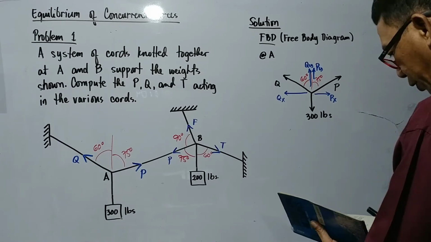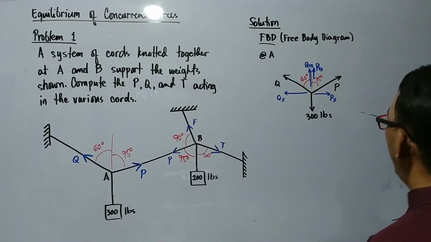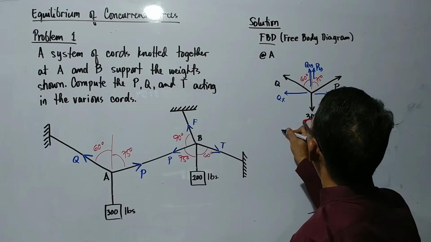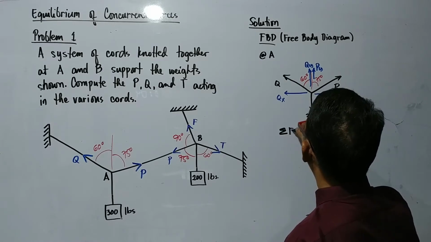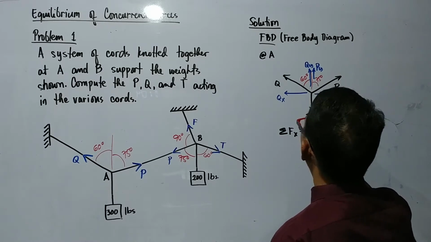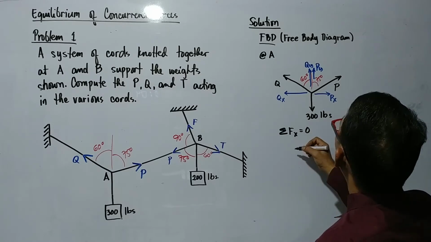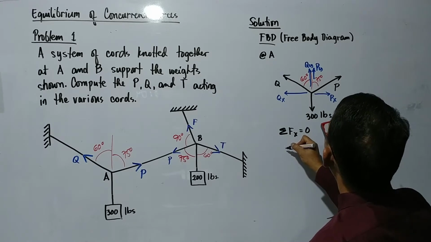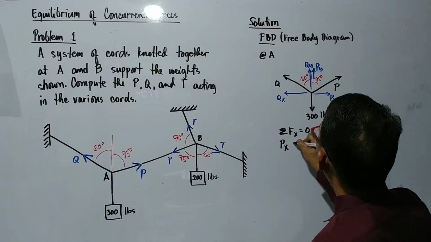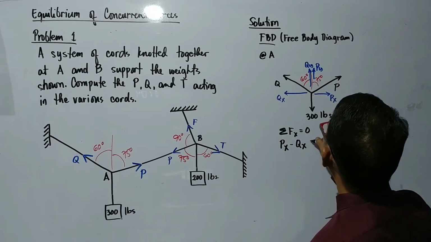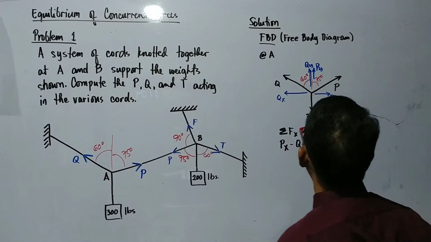So with that, we can solve the summation of forces along X equals 0. So we have PX minus QX equals 0.